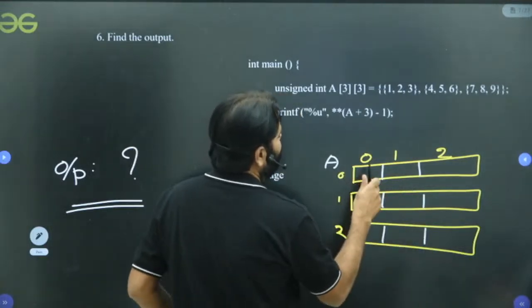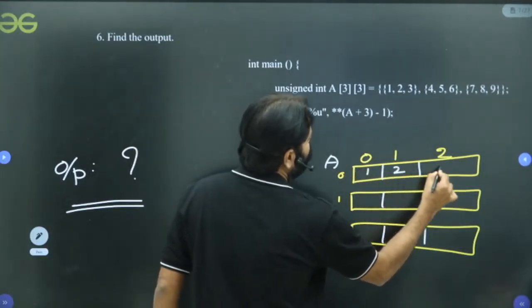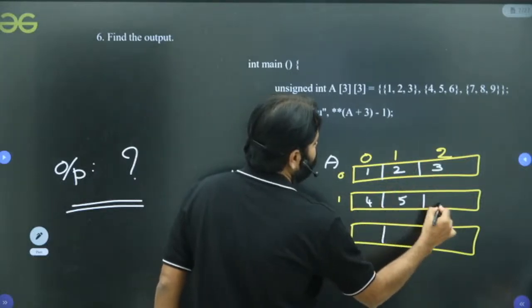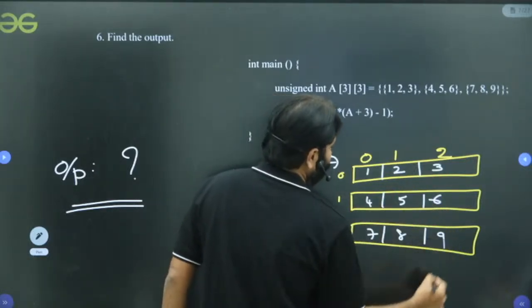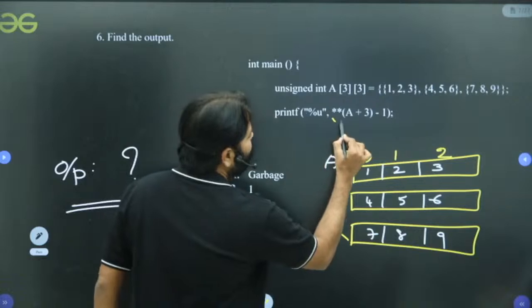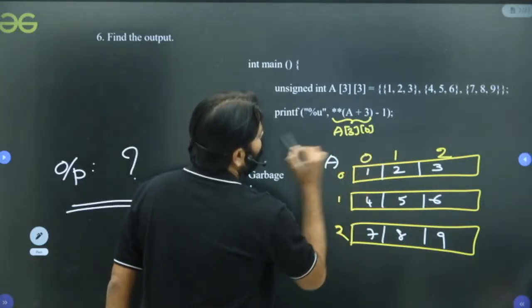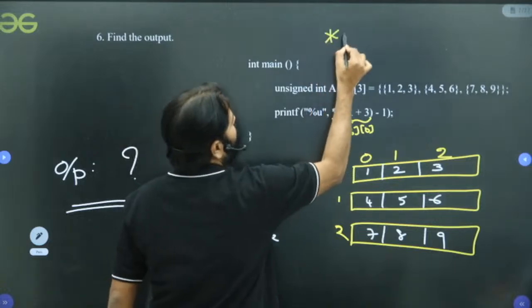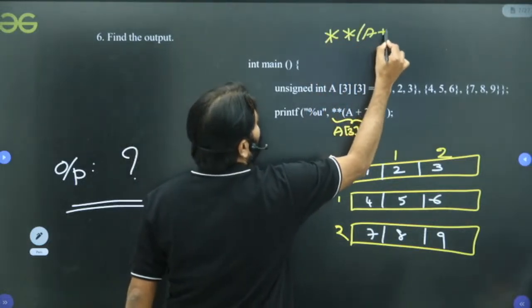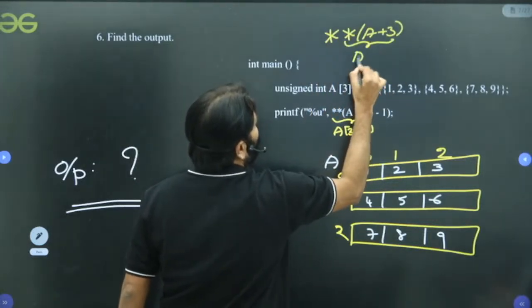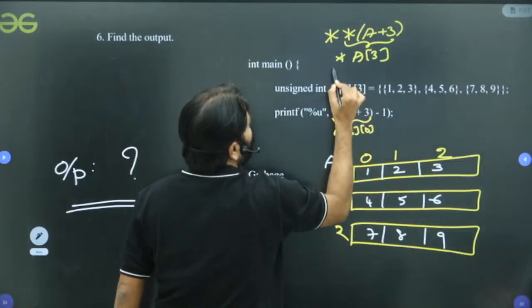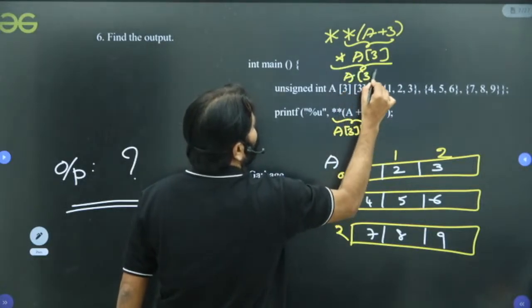And you have the elements 1, 2, 3, 4, 5, 6, 7, 8, 9. And what is the meaning of A of 3 of 0? Everybody knows that? Star star A plus 3. This one will give you A of 3. And when you do the star, it will give you A of 3 of 0.